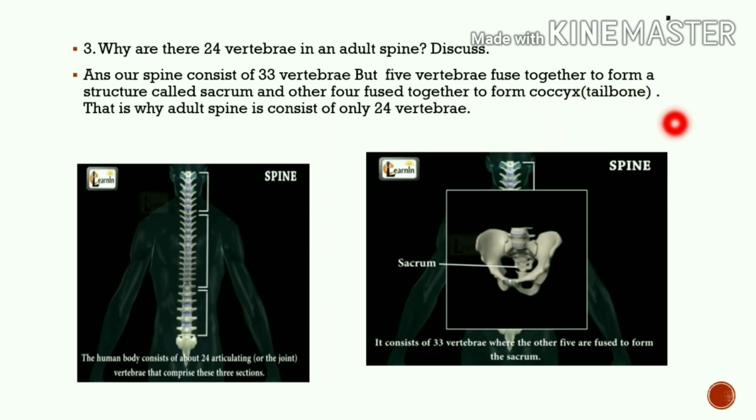This is the end portion of our vertebral column, which is why it is known as the tailbone. So 5 plus 4 means 9. That is how it is reduced from 33 to 24. Understand? That is why when we become adult, those vertebrae fuse together and finally reduce the number of vertebrae.